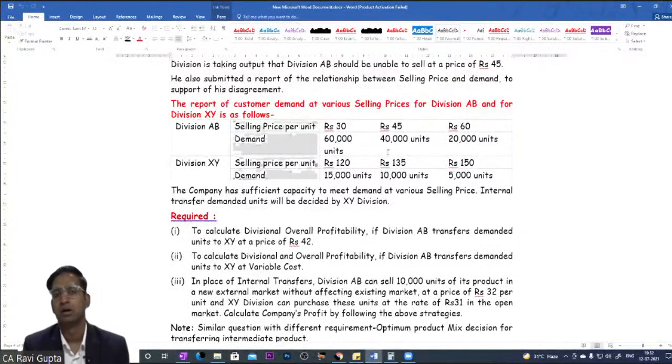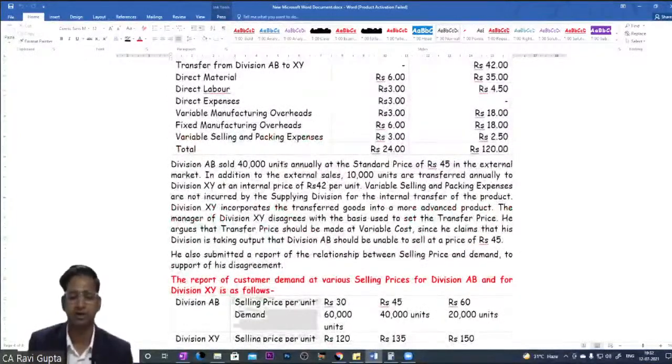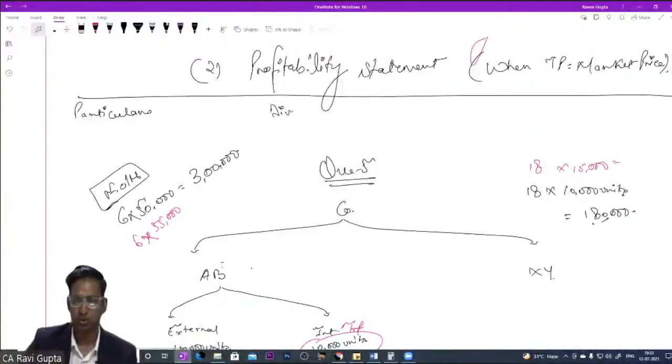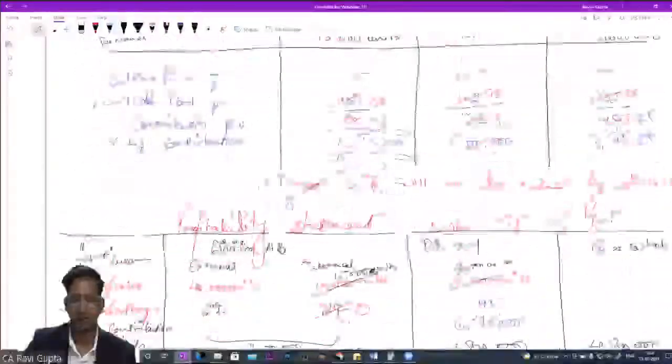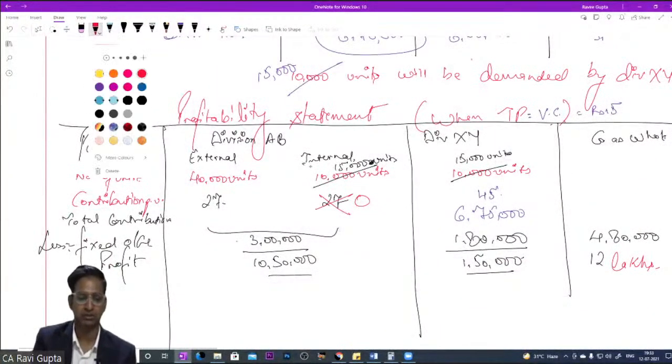No. Even if I have increased from 50,000 to 55,000 and from 10,000 to 15,000, it is not going to change because our normal absorption rate has been calculated. Normal capacity has already been given, that this is my normal capacity, 40,000 and 10,000. This has been considered. So we need not change our fixed overhead now. It will remain the same. Good, Bhargavi. So 3 lakh and 1,80,000 will be the fixed cost. There will be no change.